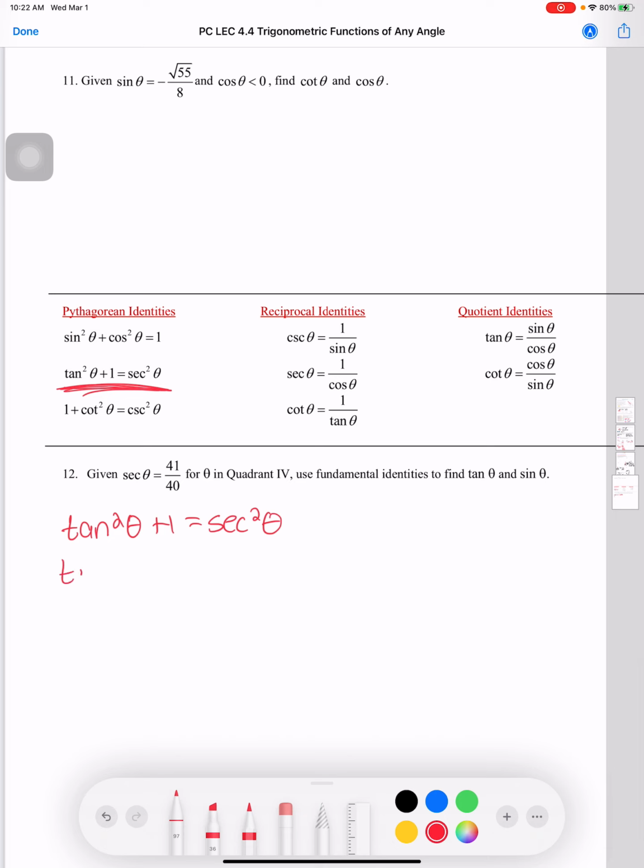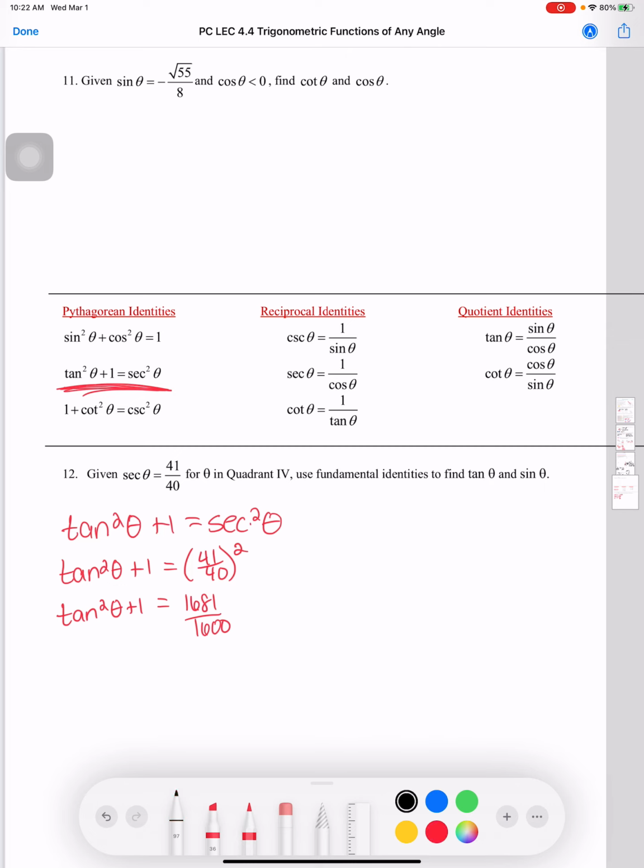I don't know what tan is just yet, so I'm going to leave that the way it is, but I do know that secant is equal to 41 over 40, and this is actually secant squared, correct? So we're going to square that. That leaves me with tan squared theta plus 1 is equal to 1681 divided by 1600.